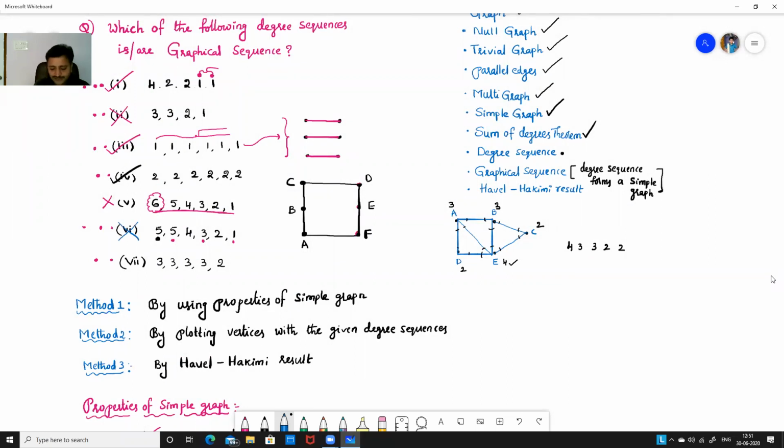And what about option 7? Total we have 5 vertices. Just now we have seen that if we have n vertices, every vertex can have at most n minus 1 edges, right? Here almost all vertices are there. 4 vertices have degree 3 and only one vertex has degree 2. Let me check, is it valid or not?